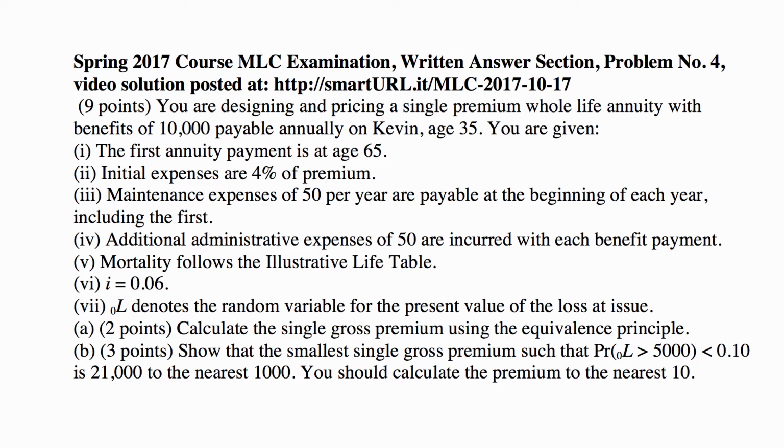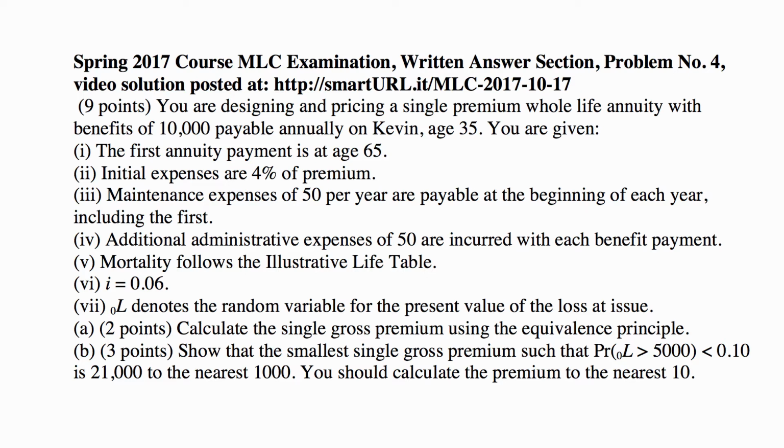Mortality follows the illustrative life table, and the interest rate is 6%, which is the interest rate used in the illustrative life table. 0L denotes the random variable for the present value of the loss at issue. Calculate the single gross premium using the equivalence principle, and the gross premium, of course, means premium accounting for benefits and expenses.